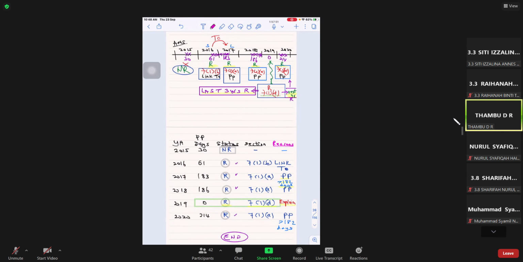So this is what you have to check. In the last 3 years and the next year, you're resident. Therefore, you will be resident here under 71D. You have to explain. Physical presence more than 182. Itu saja untuk minggu ini.